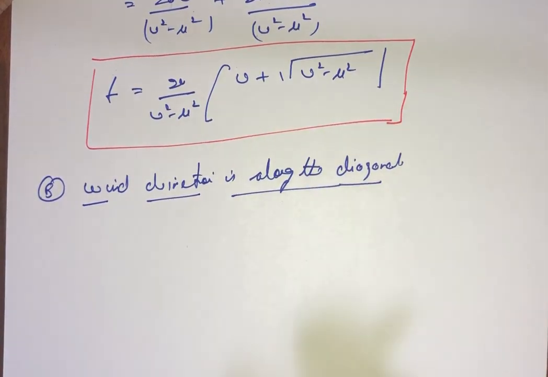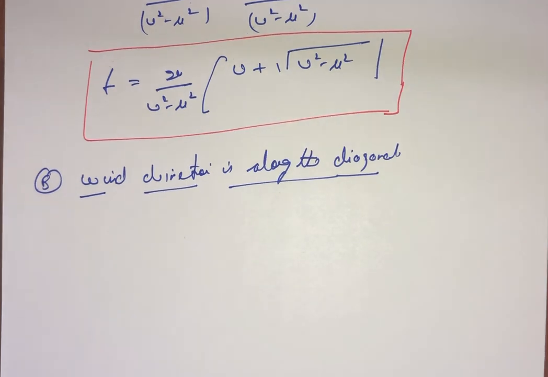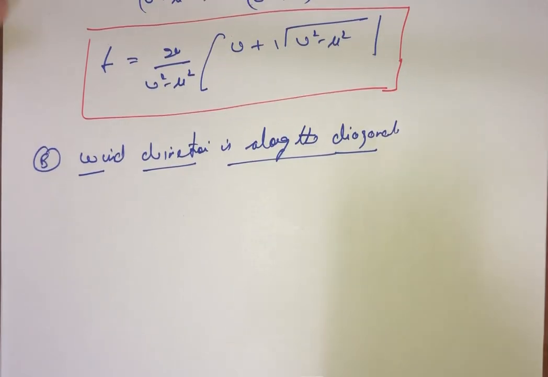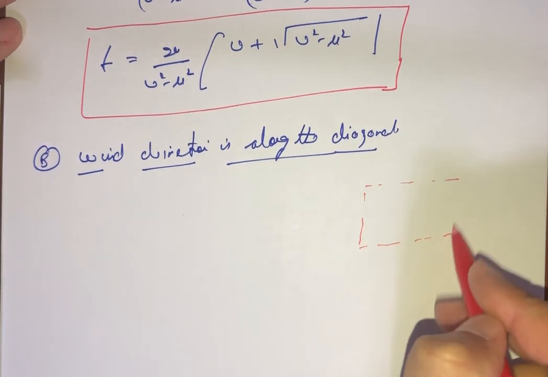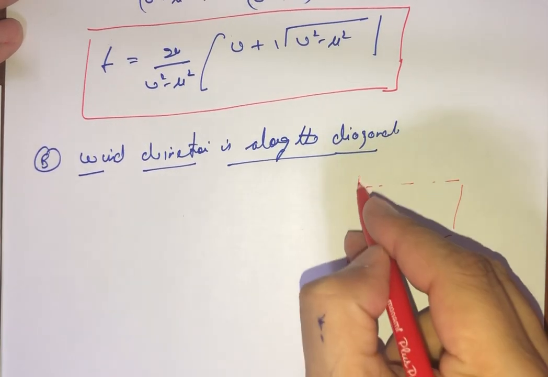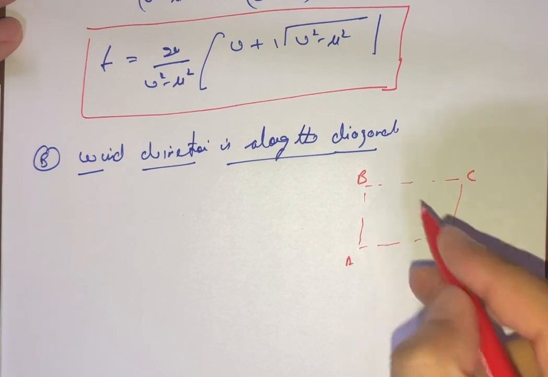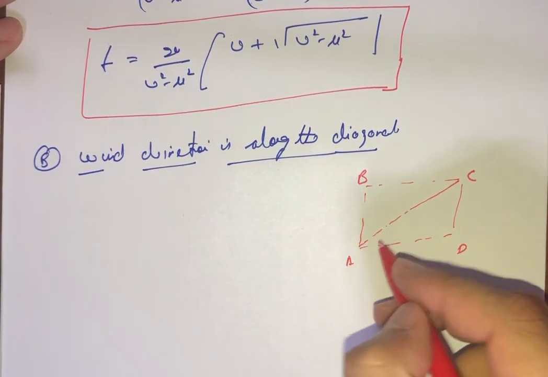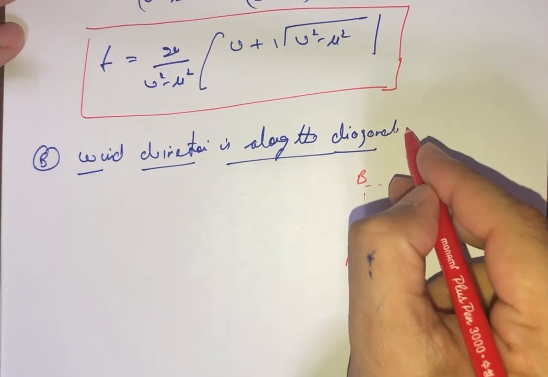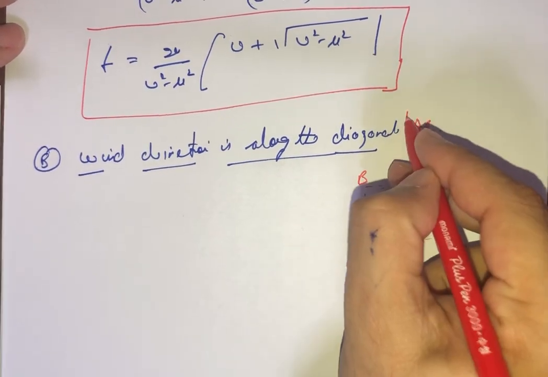Wind direction is along the diagonal. So let us draw the diagram. We have A, B, C and D, and we assume that the wind direction is along the diagonal AC, along the diagonal AC.